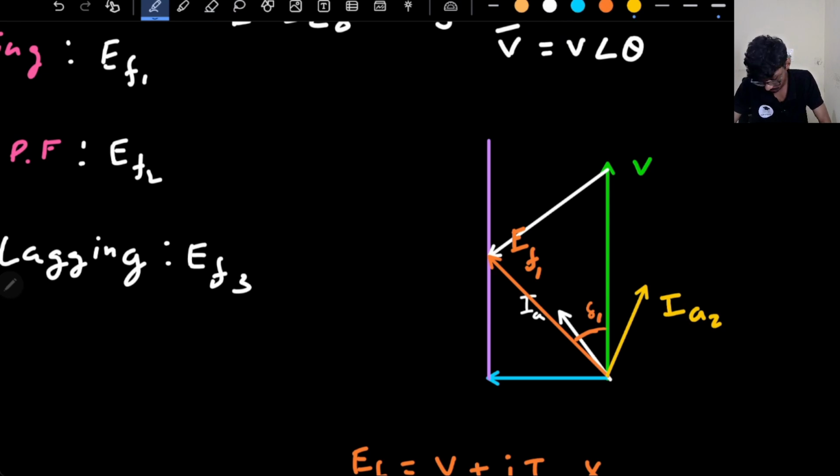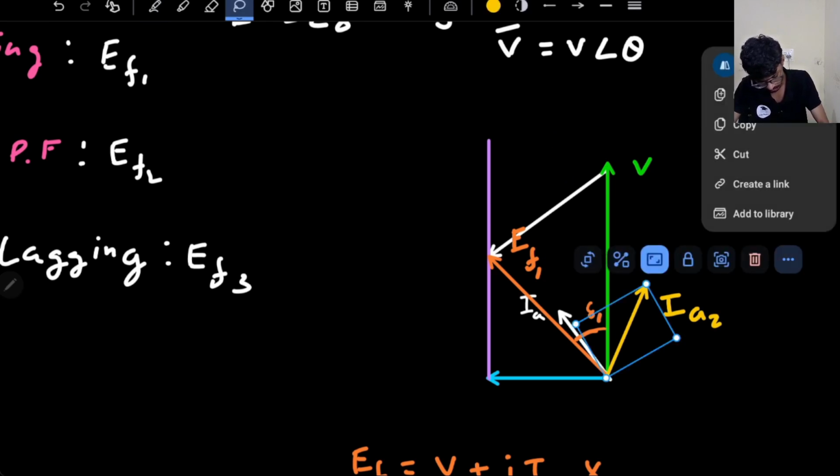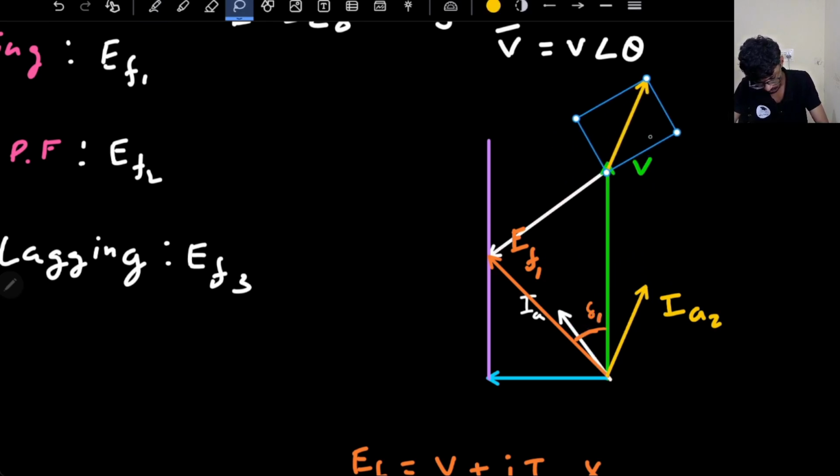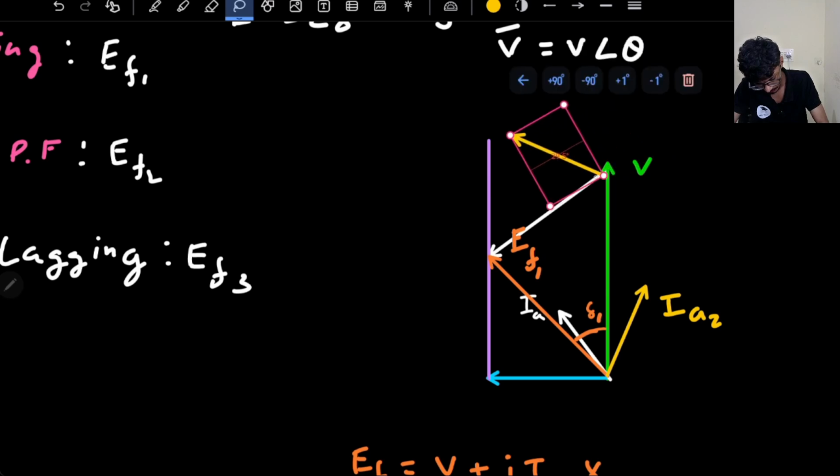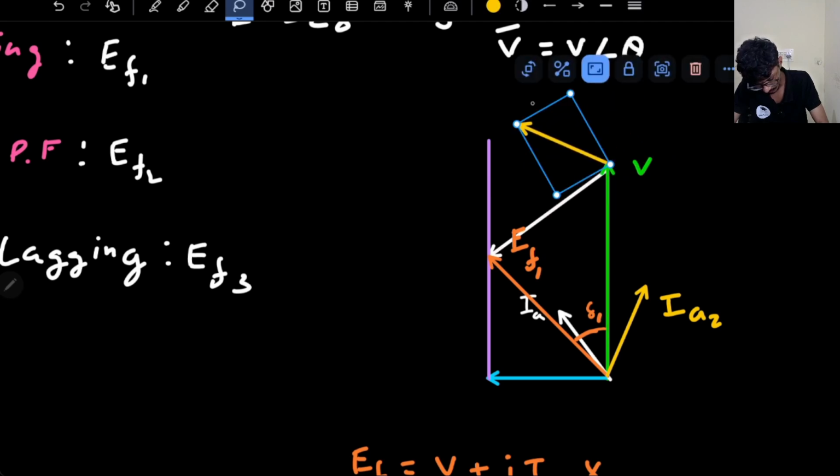This is I2. Now what will be the new EF2? Again I rotate this by 90, it will be somewhere here, and again this will touch here.